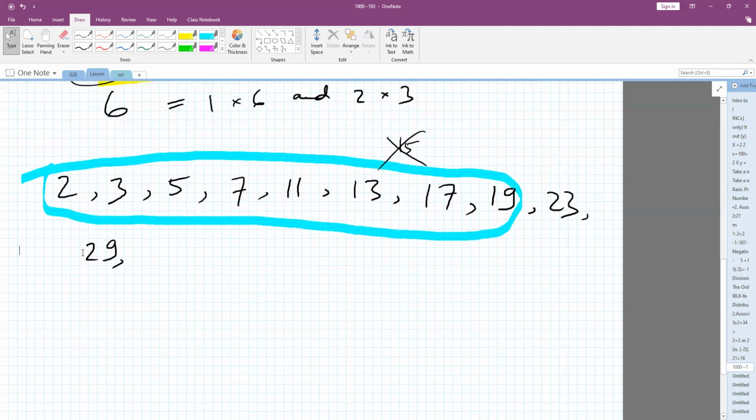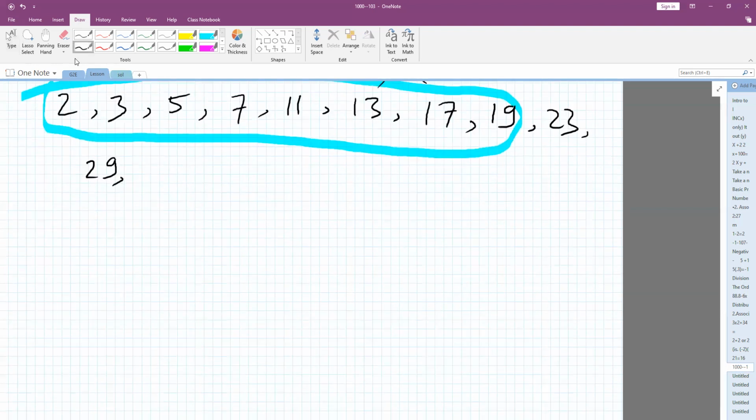Because what happens is you can create any other numbers from prime numbers by multiplying them.